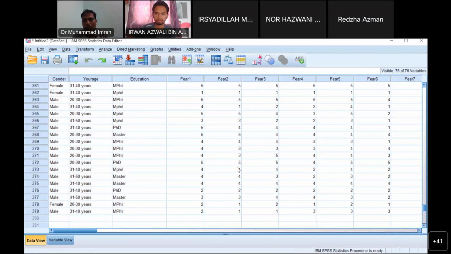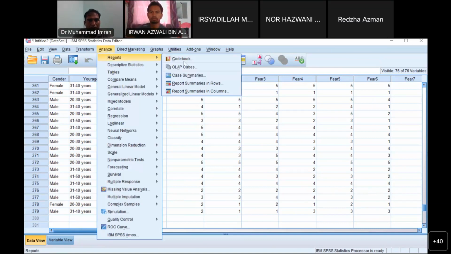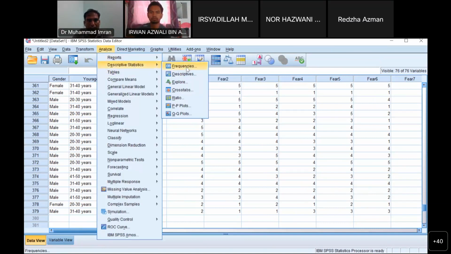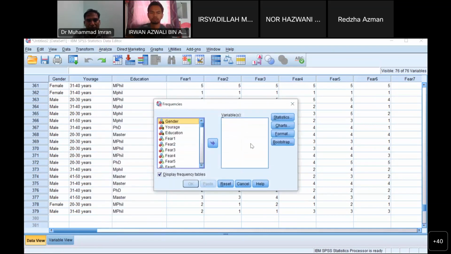Then another thing. You can see physically that there is a missing value. If you cannot see it, how can you tell whether there is a missing value or not? You also can check through the analysis: Analyze, Reports, Descriptive, Frequencies.